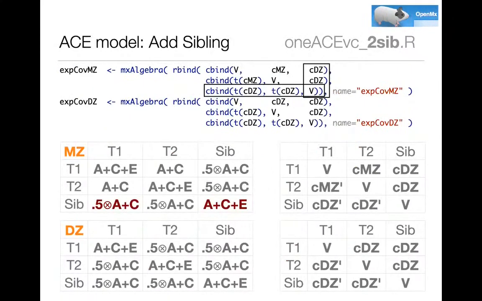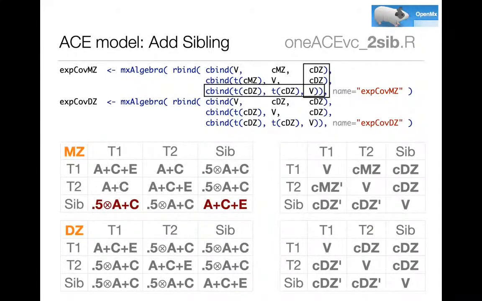With respect to the covariance matrices, instead of a 2/2 covariance matrix, our path diagram now results in a 3/3 expected covariance matrix, where given full siblings have similar expectations in terms of their covariance to DZ twins, we can basically just use the covariance for DZ twins as the expected covariance between a twin, regardless of zygosity, and a sibling.